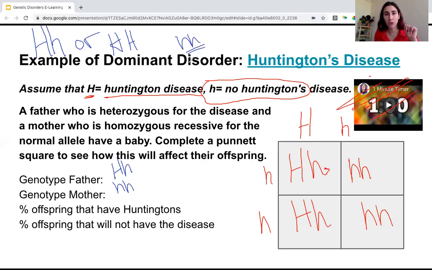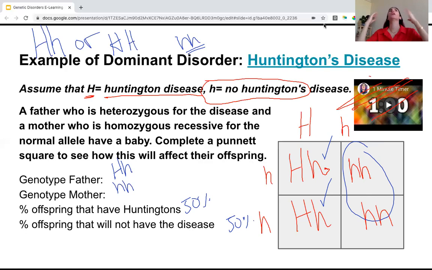So definitely this and this: there's a 50% chance of having Huntington's, and a 50% chance of not having it, okay? If a person that has Huntington's has children, there's a much higher risk of having a child with Huntington's than if it was a recessive disease.